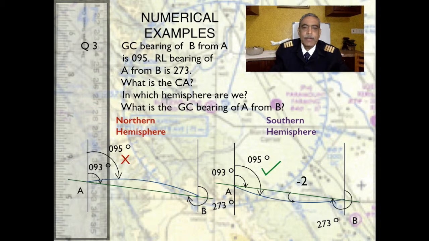Therefore, we have to subtract 2 degrees. 273 minus 2 is 271 degrees. Therefore, the answer is: conversion angle is 2 degrees, we are in the southern hemisphere, and the great circle bearing of A from B is 271 degrees. We need to solve several numericals before we are fully clear on the concept.